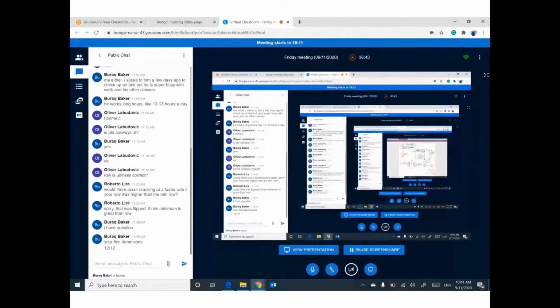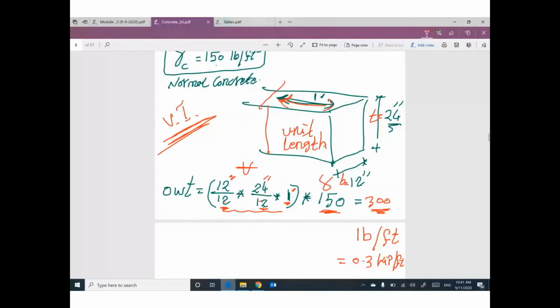This one is B divided by 12. B is given in inch, so I need to divide it by 12 to convert it to feet. If this number is 14, then 14 divided by 12. If this number is 16, 16 divided by 12. If this number is 10, 10 divided by 12.